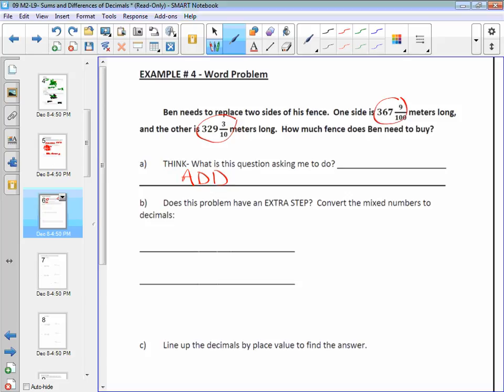So 367 and 900ths becomes what as a decimal? Ryan? Correct. What about 329 and 3/10? Try it.